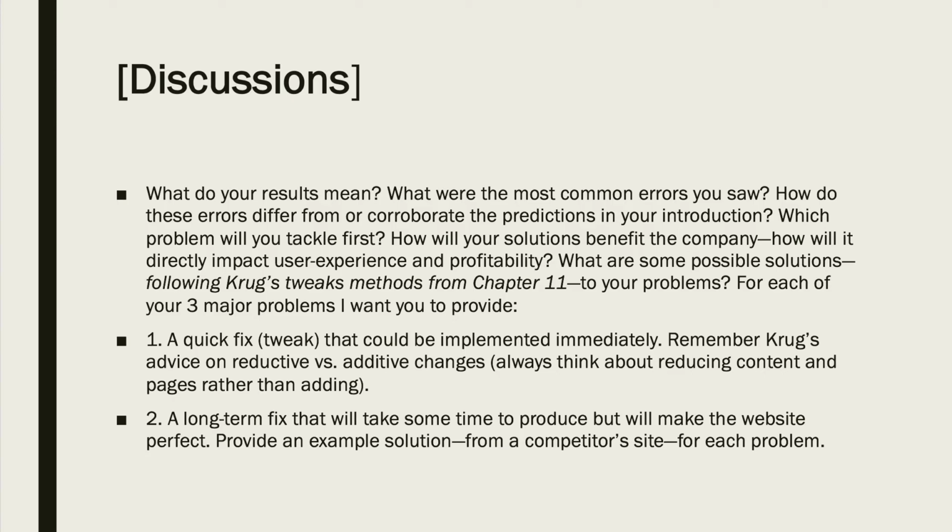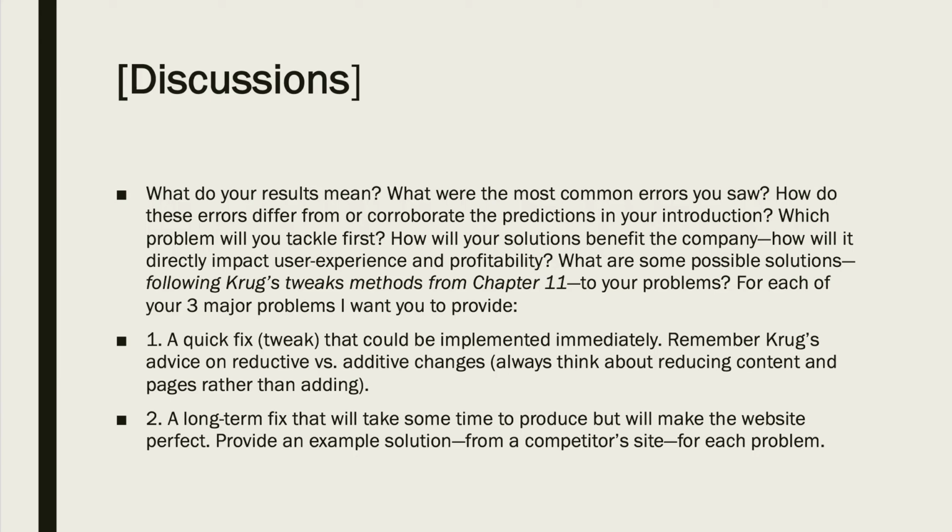So here is where I want you to use Krug's tweak methods from chapter 11. So for each of the 3 major problems that you're going to call out, I want you to give a quick fix, so that tweak, and then a long-term fix. So for each one, a tweak, so something that can be implemented immediately. It's not going to be the big, cure-all, but it's going to make it better and more user-centered, and it can be done quickly.